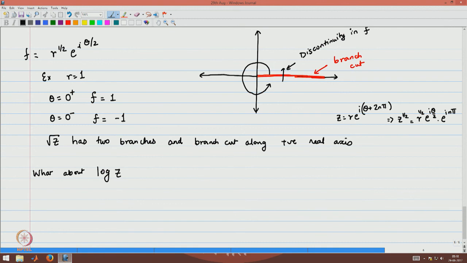Okay. And what these two branches correspond to is n being odd or n being even.